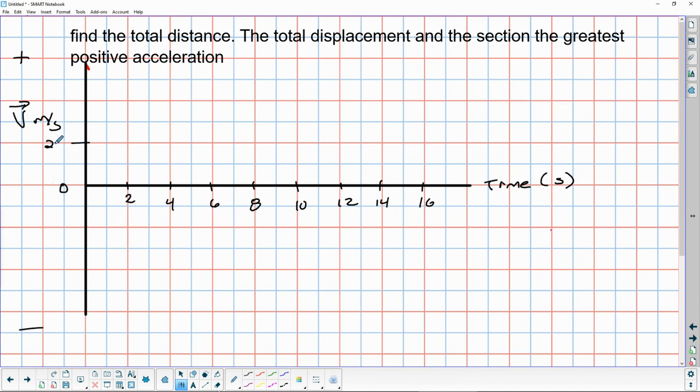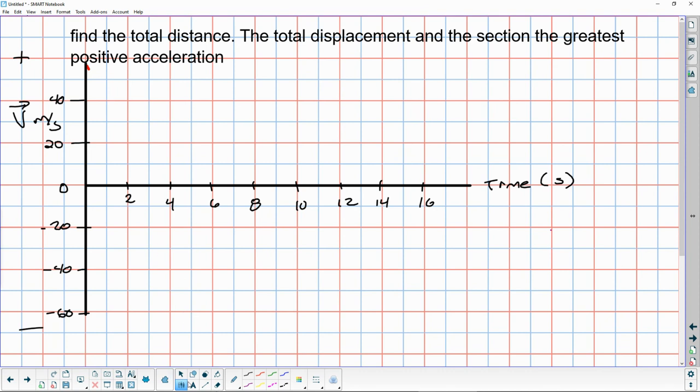Okay, so we'll go 20 and 40, counting by tens here. And then we'll go negative 20, negative 40, and negative 60 down there.